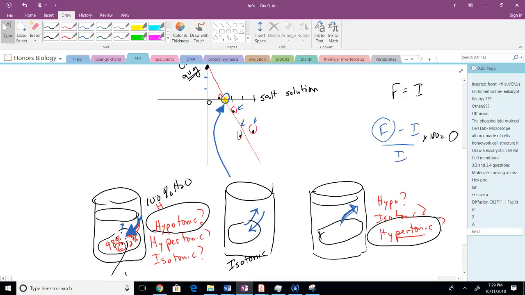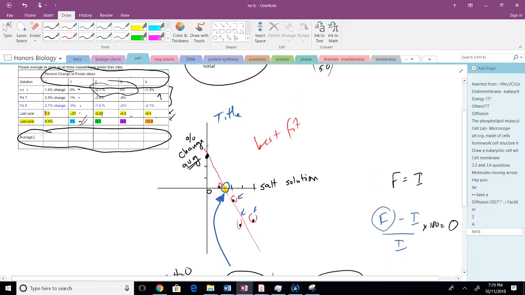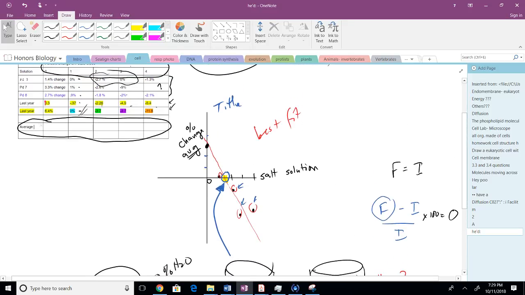Now, I don't need any conclusion for this lab. I'm trying to cut ourselves a little bit of a break. But I do want you to do a really good job with this graph. And I would like you to identify the types of solutions. Remember, anything that gained mass is a hypotonic solution. Anything that stays the same is an isotonic. And anything that loses is a hypertonic solution.